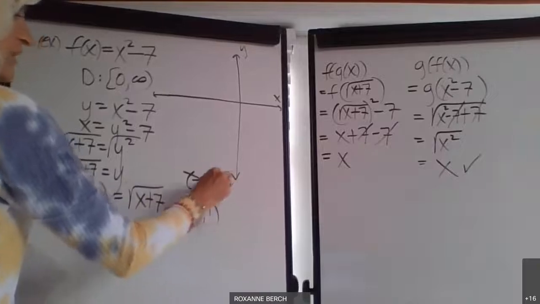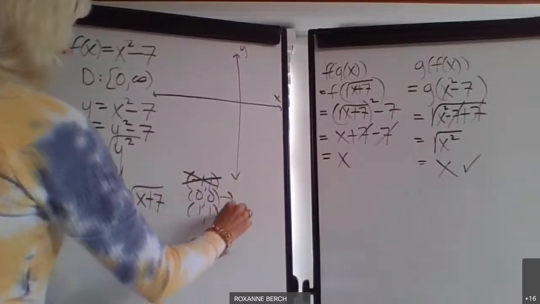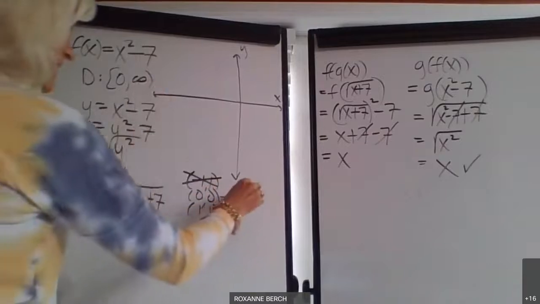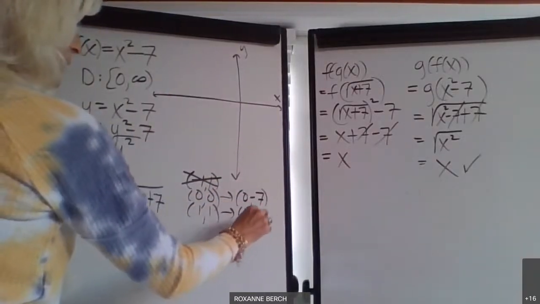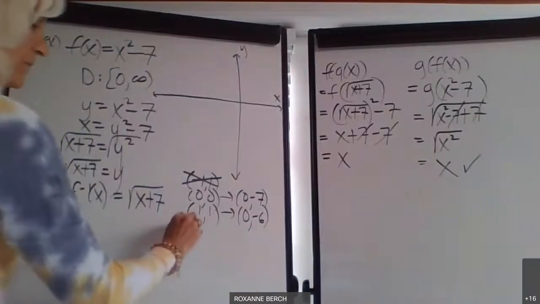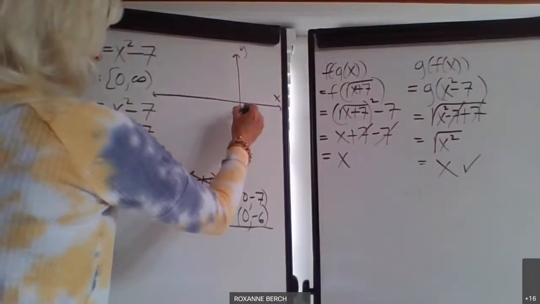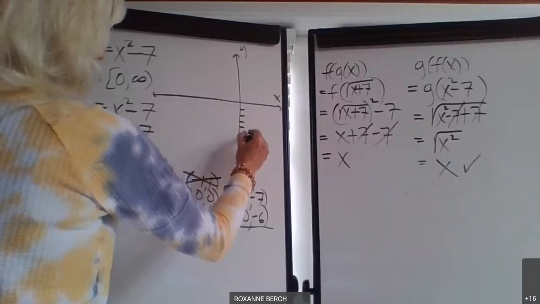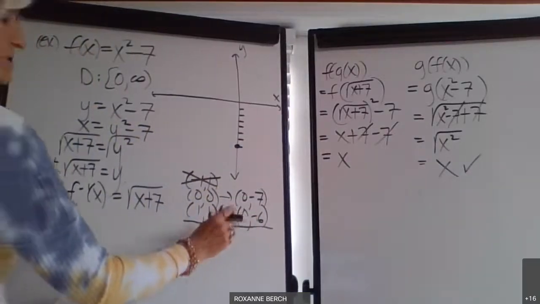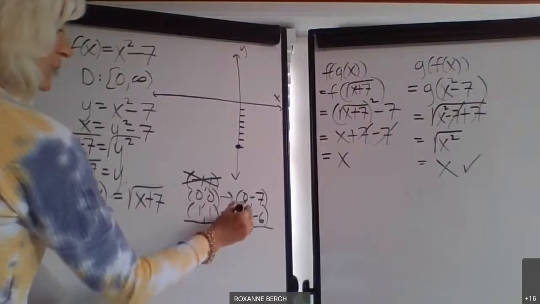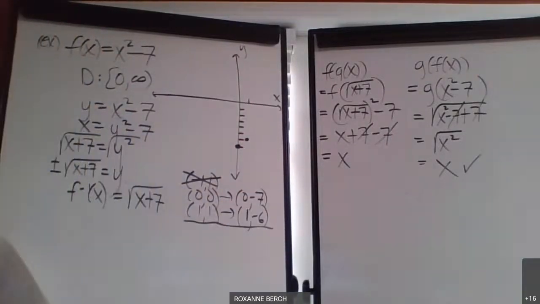But remember, we restricted the domain, so that one doesn't count. So we're going to shift it down 7. And down 7 would be negative 6. So what we have here is 0, down 7. And we have, I'm sorry, this is 1, right 1, down 6.